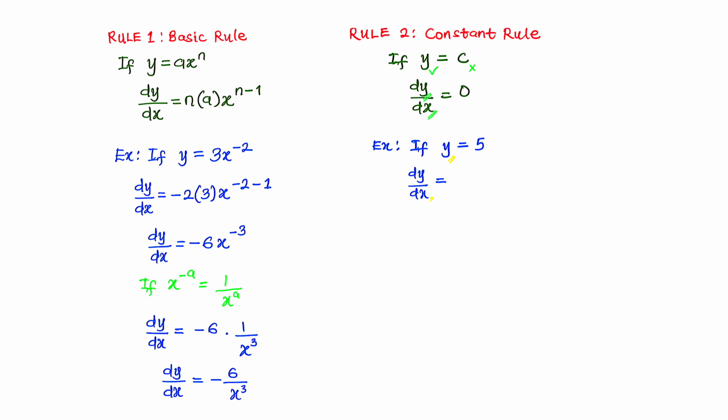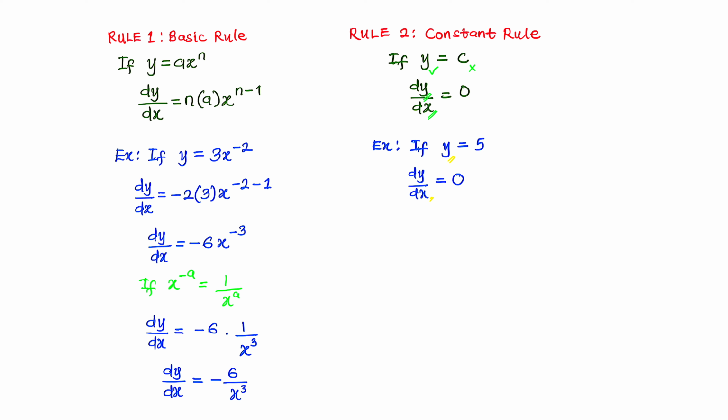So we need to go and look at the value that we have here. We have only 5. There is no x. X does not exist in the equation. So because x does not exist, it simply means our answer is 0. The derivative of y with respect to x in this function is 0 because the function has no x as an independent variable.